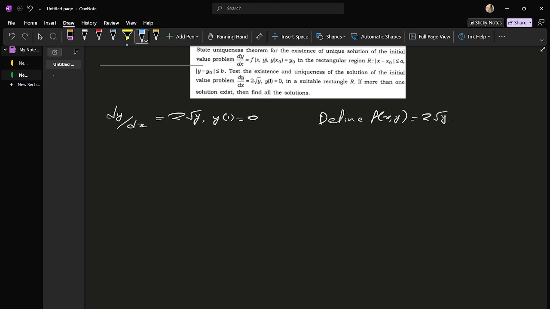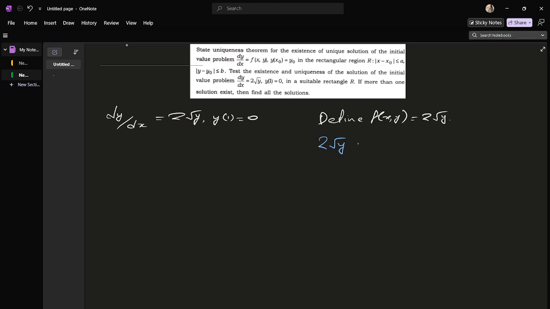We can easily see that 2√y is not defined for y less than 0. But it is continuous in the part where y is greater than or equal to 0.